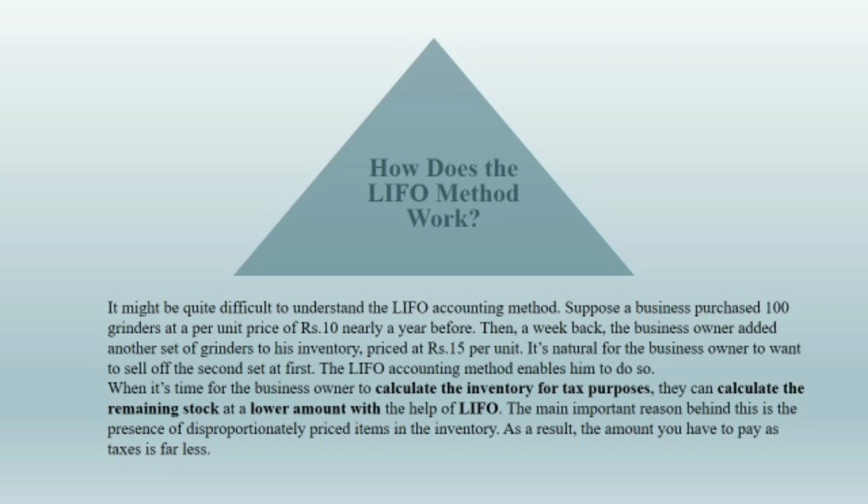When it's time for the business owner to calculate the inventory for tax purposes, they can calculate the remaining stock at a lower amount with the help of LIFO. The main reason behind this is the presence of disproportionately priced items in the inventory. As a result, the amount you have to pay as taxes is far less.